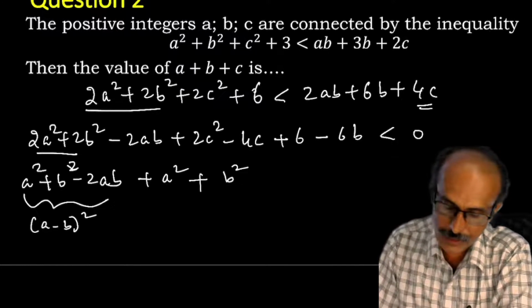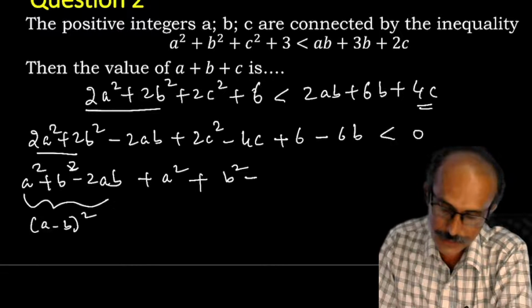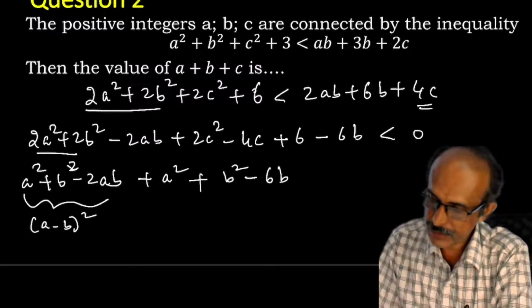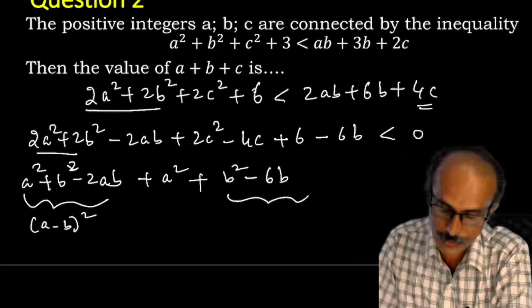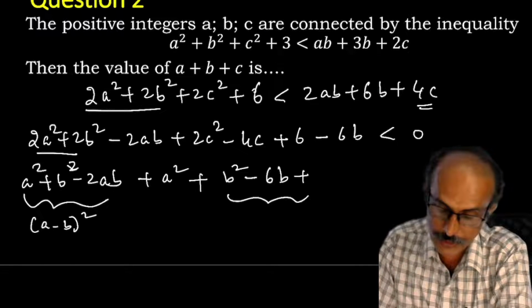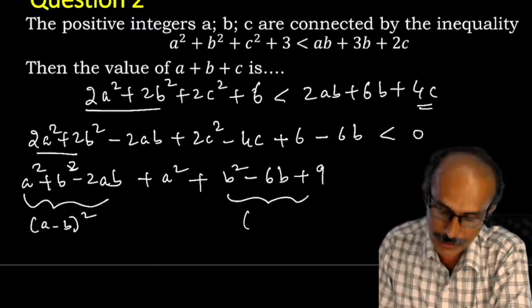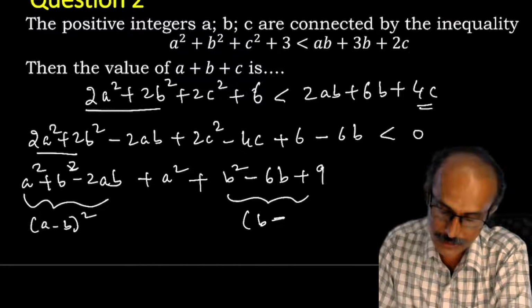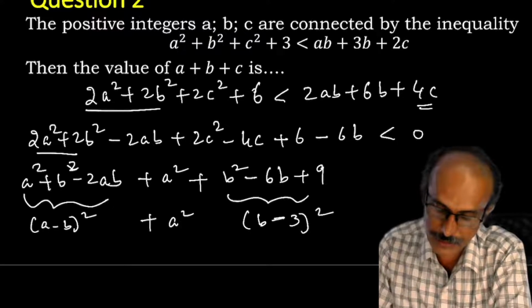Then we are having minus 6b, correct? 6b is okay, because you are going to introduce something for a completion of square. You should bring 9 so that it becomes b minus 3 the whole square. But let us cancel this 9. Let us add this 9 to the right hand side. Okay. So we are maintaining that inequality. 9 is added up here.